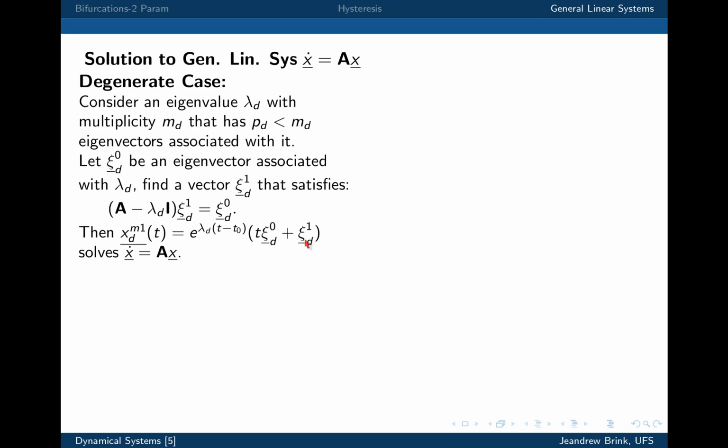To show you how it works, to prove that it solves this, let's simply work out the derivative of this little beast. The first thing you do is take the derivative of the exponent, so that is just lambda d times the exponent times this vector, which is the first term over here. That's the derivative of the exponent times whatever's left, plus the derivative inside the brackets, which is just the eigenvector plus the eigenvector.